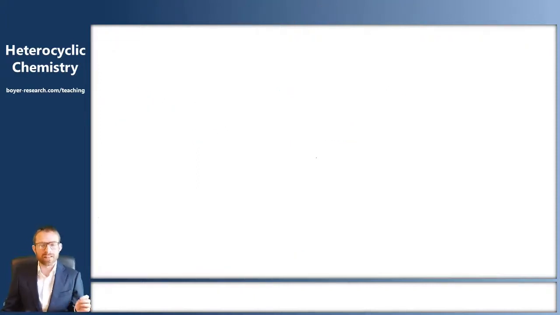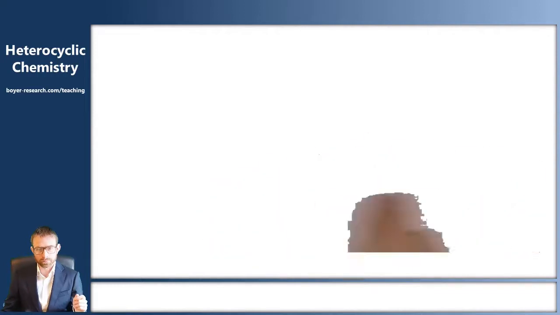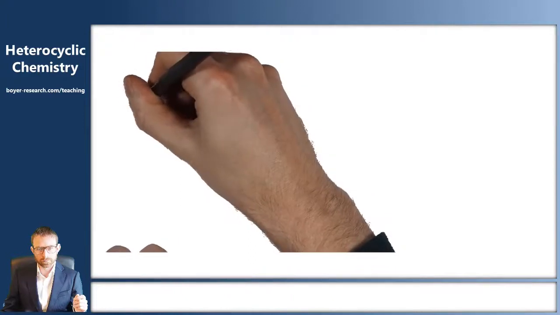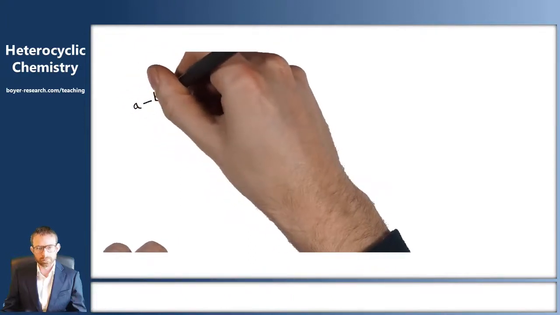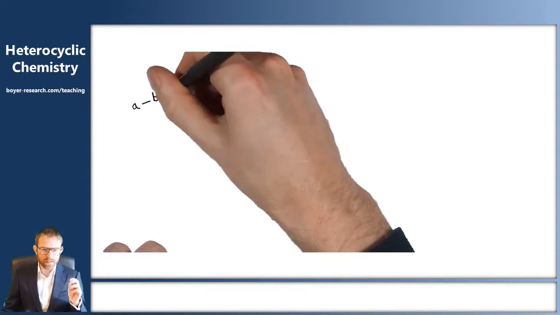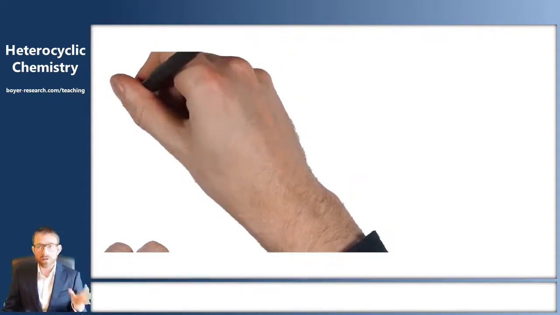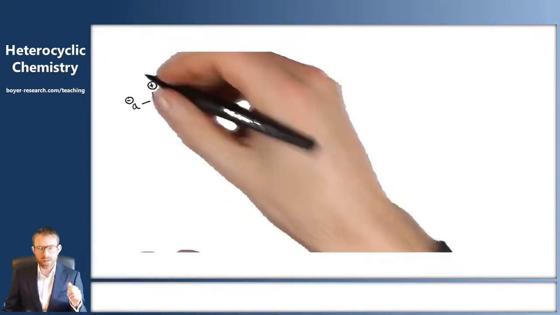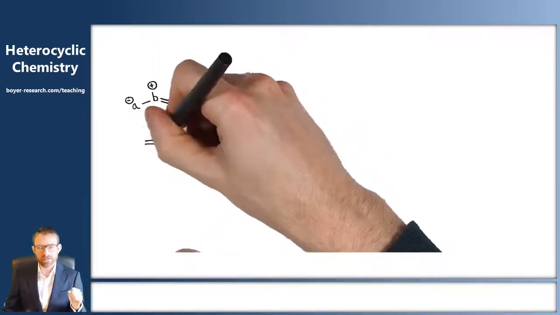If we look at all these reactions a little bit more slowly, our 1,3-dipole is a system in which there are 3 atoms and the charge is not spread evenly across those.